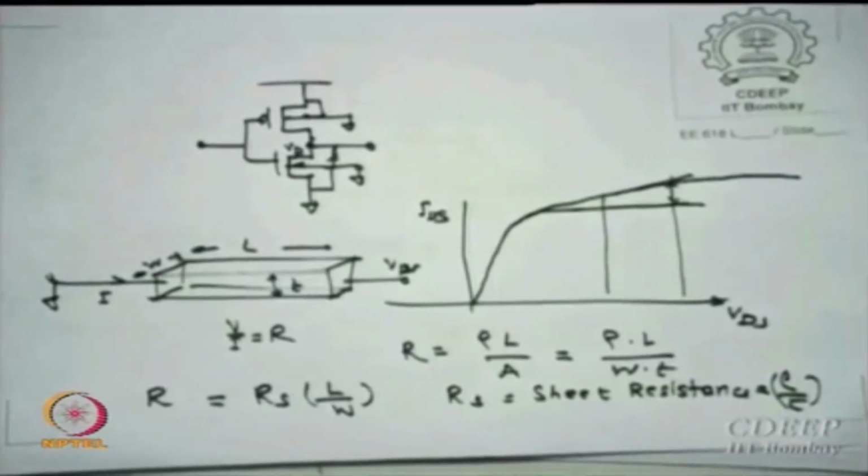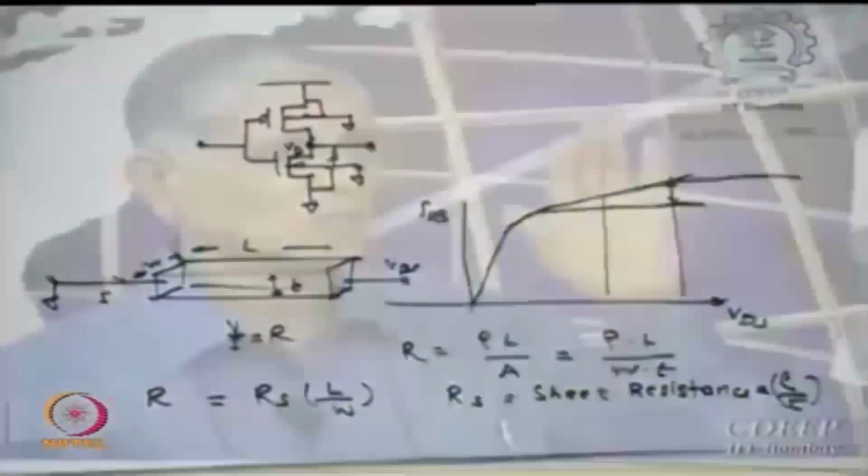Whatever processes we have for making CMOS, only those dopings will be available to you: wells, substrate, N plus, P plus, those are the only areas available. This value is normally given by the word sheet resistance or sheet resistivity, and is always technology dependent, depending on what process you are doing.